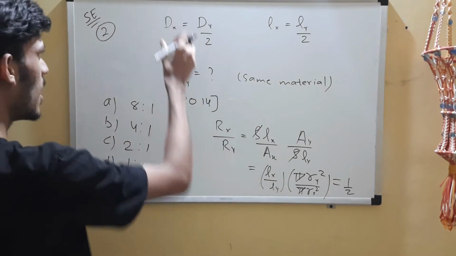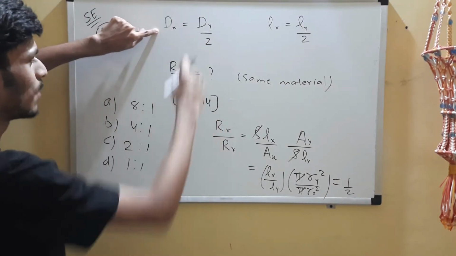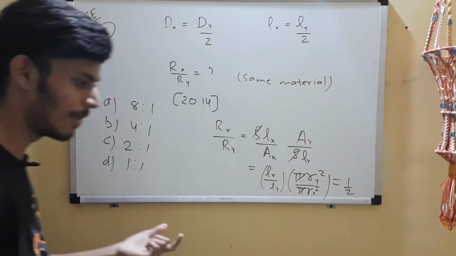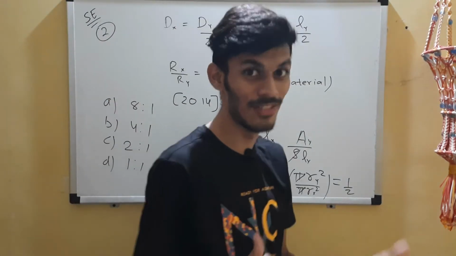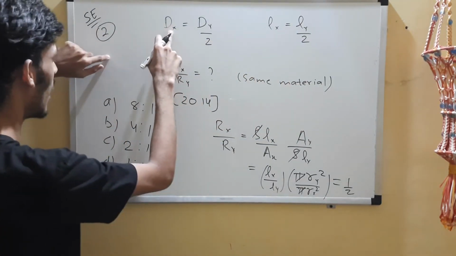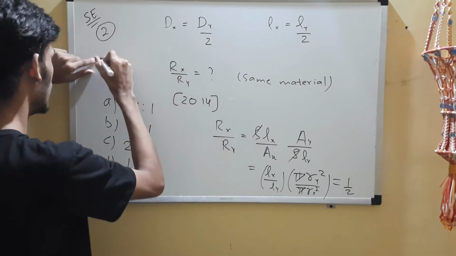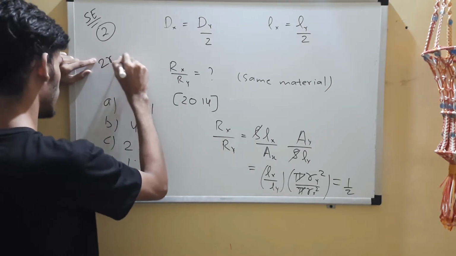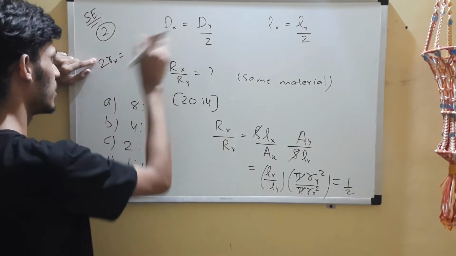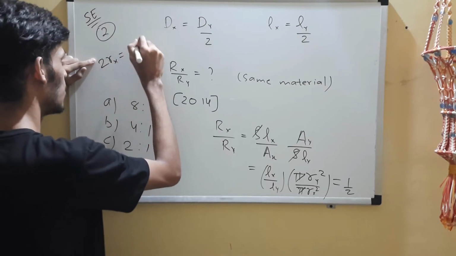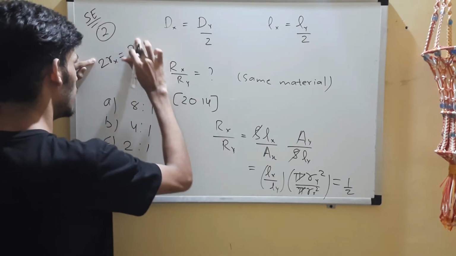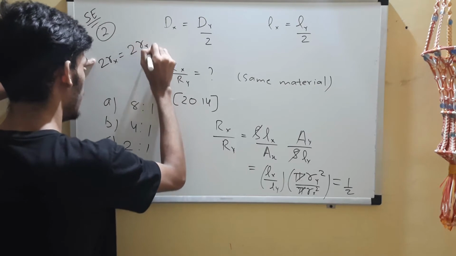So Ry by Rx will be same as dx by dy, right? Or will it be double or will it be half? It will be same. Okay, if you see in place of this dx you can write 2rx, right? 2 times the radius of x equals diameter of x, and here also 2 will come, 2 times the radius of y will be diameter of y.